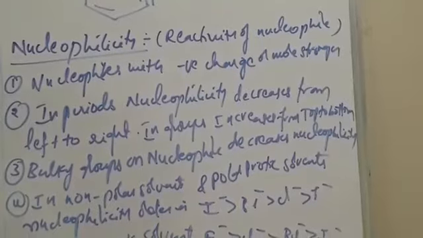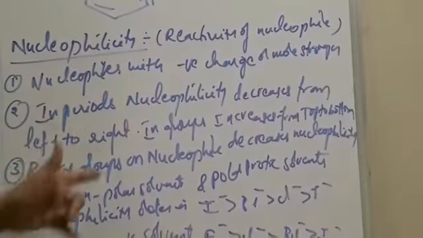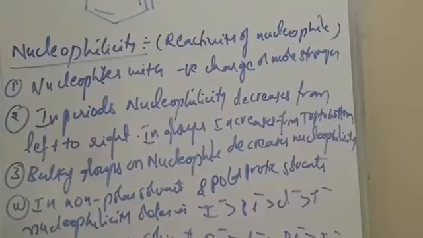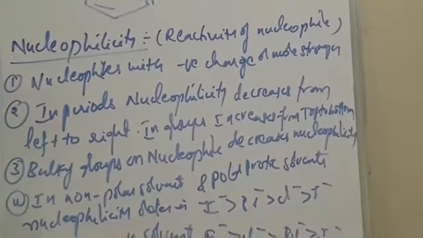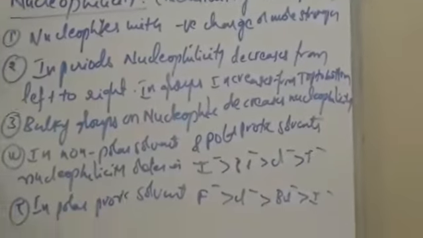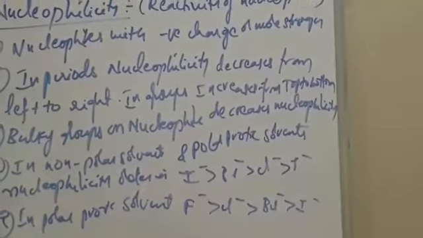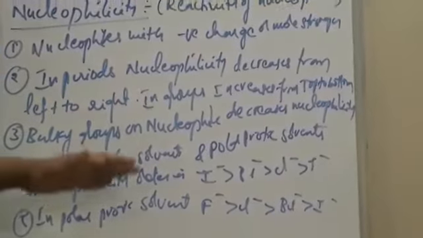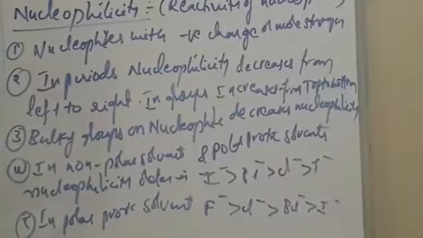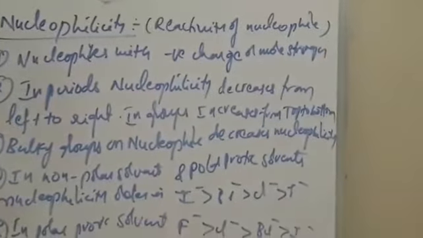If any bulky groups are present around the nucleophile, it decreases nucleophilicity, that is, it decreases the reactivity of the nucleophile. What is nucleophilicity? The reactivity of a nucleophile.